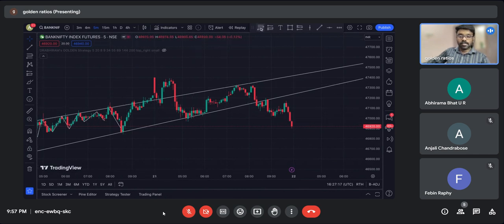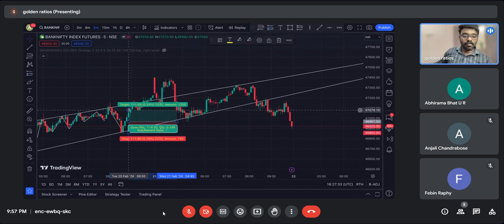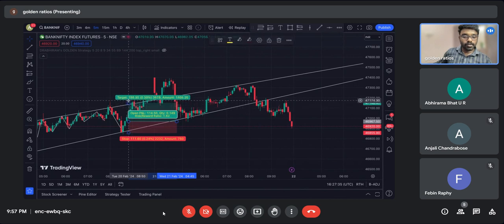One second, I will draw the 1 is to 2. So no doubts. We are assuming how we can use the trend line for our strategy. Assume that our strategy has given an entry over here, and our target is 1 is to 2.